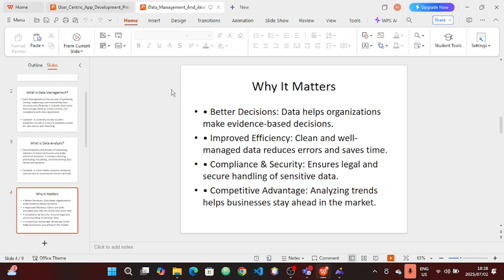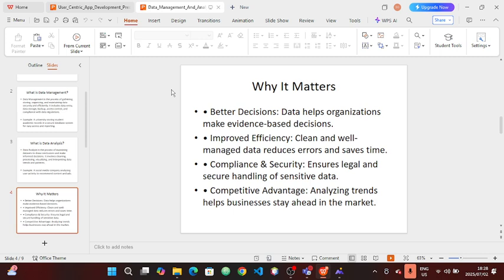So, why it matters. Okay, why does this all matter? Better decisions, improved efficiency, compliance and security, and competitive advantage.